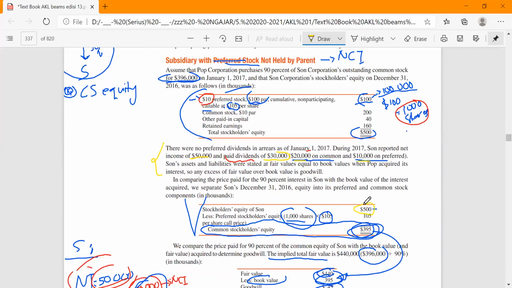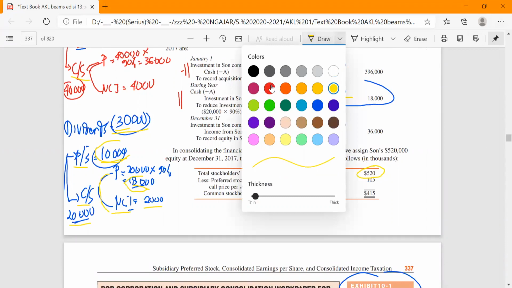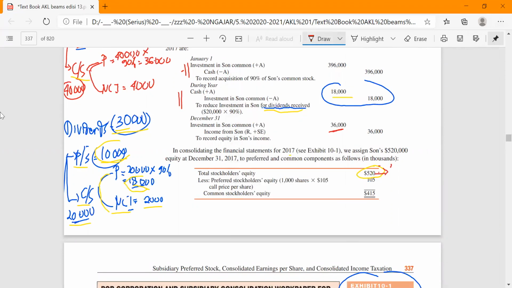Not become this number again, but change to this number. So this number is gotten from 500,000 plus the net income of S minus the dividend.